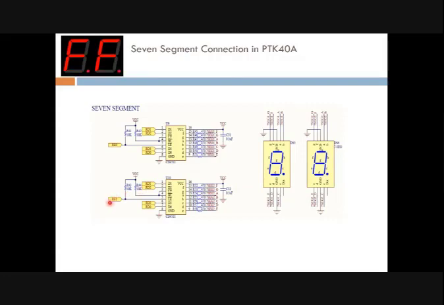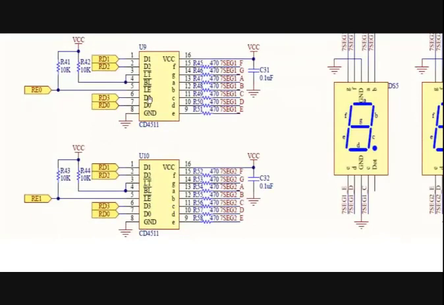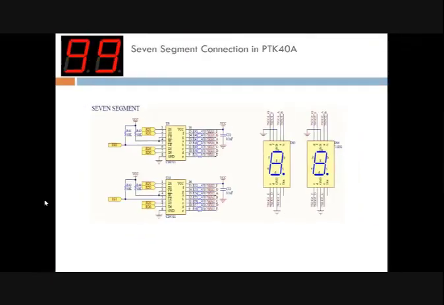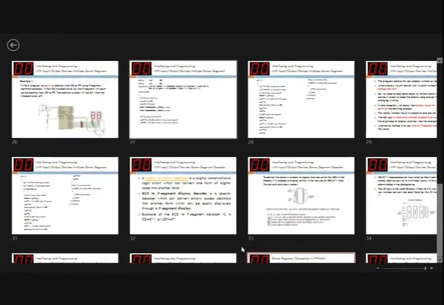Therefore we connect LE to RE0 and also RE1. This LE is connected to RE0, and then the second one is also connected to RE1. So we are using only 2 bits from port E.